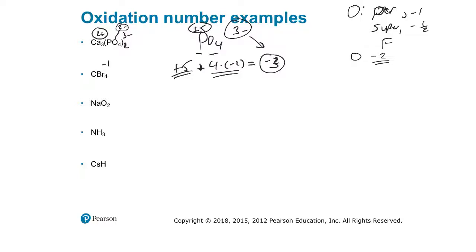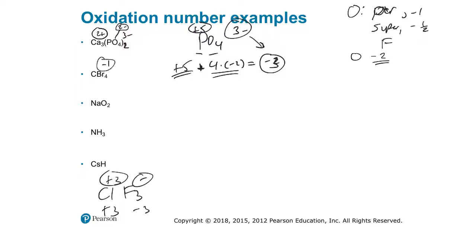Most of the halogens are -1, except when they're paired up with fluorine or oxygen. So one simple example might be ClF3. Fluorine's always negative, so we go -3 for the Fs and then +3 for the chlorine in that example.